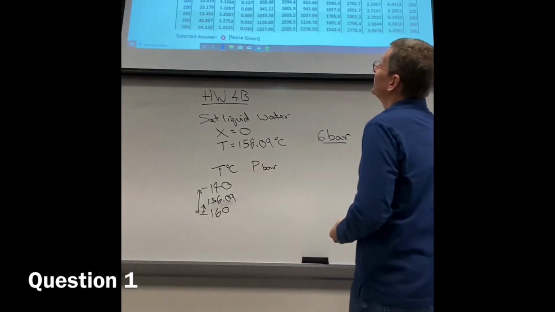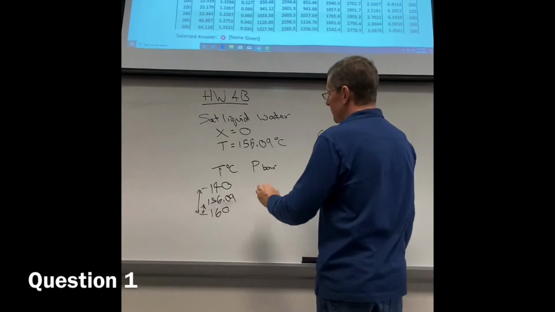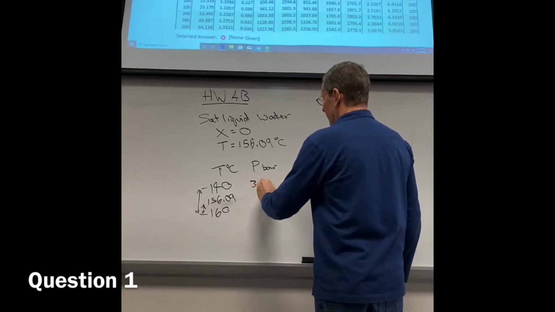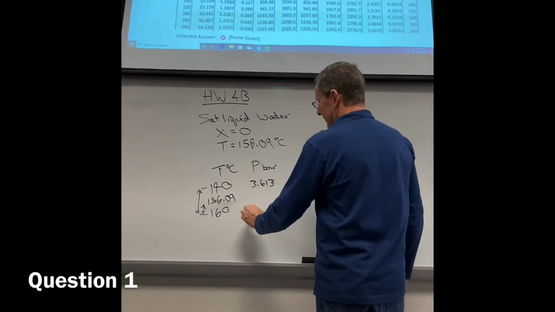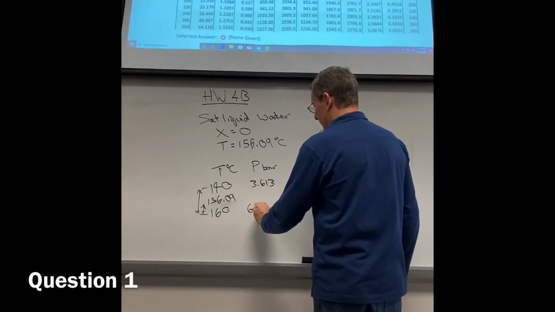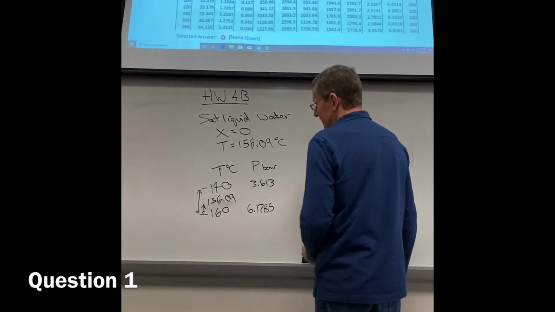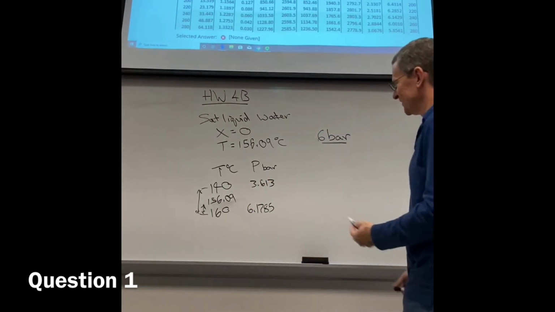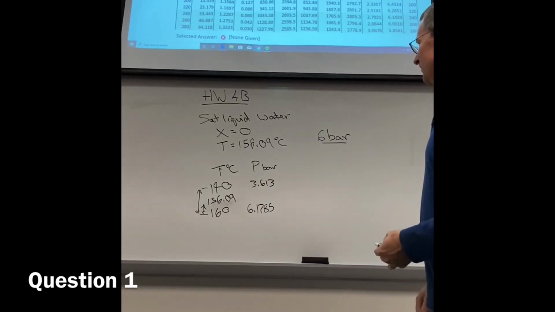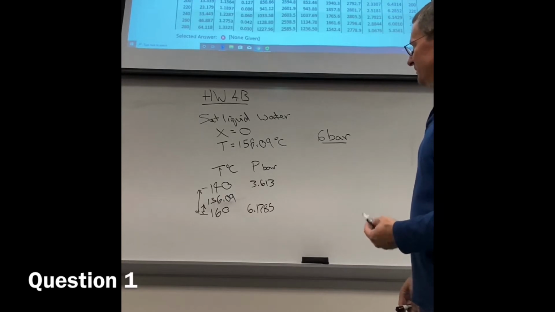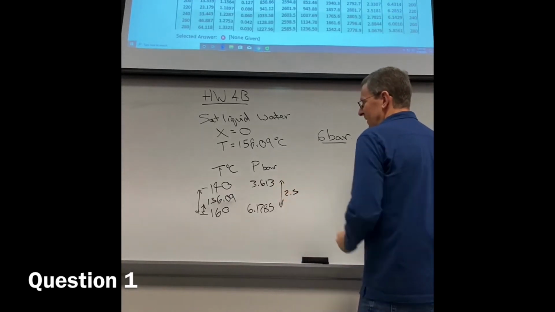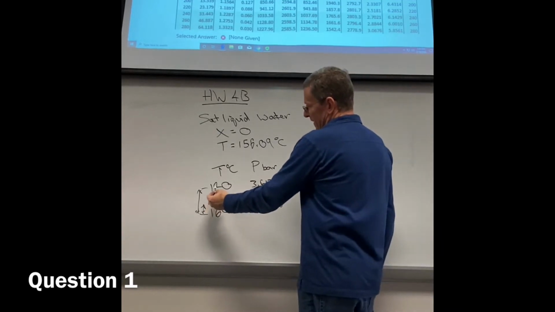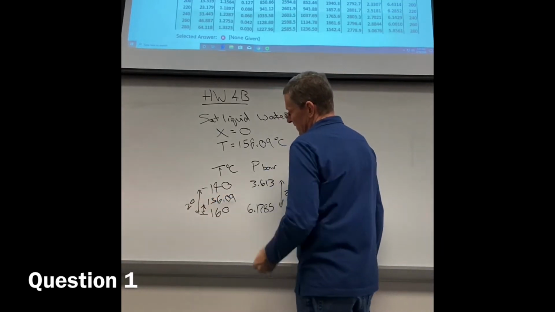And I have two values. At 140, it's 3.613, and 6.1785. So just visually inspecting that, the difference is about 2.5. And over here, I've got a 20-degree difference.